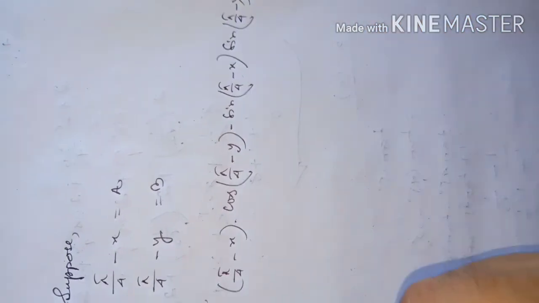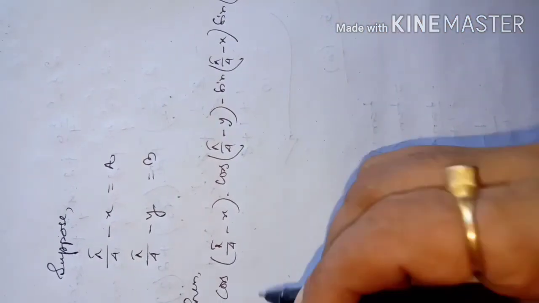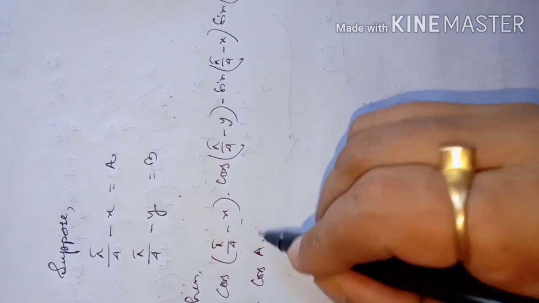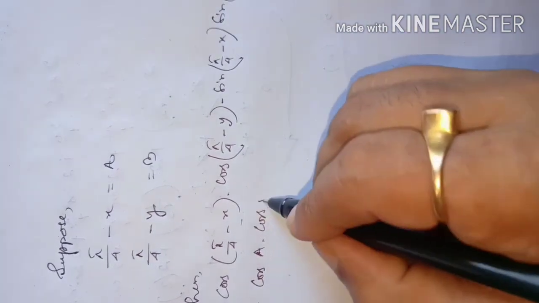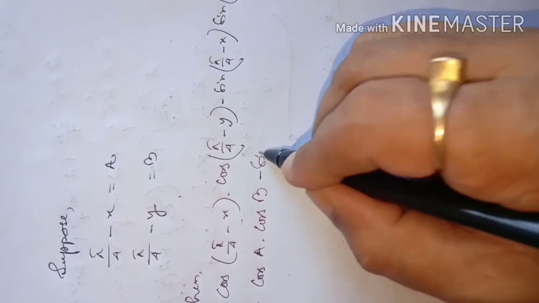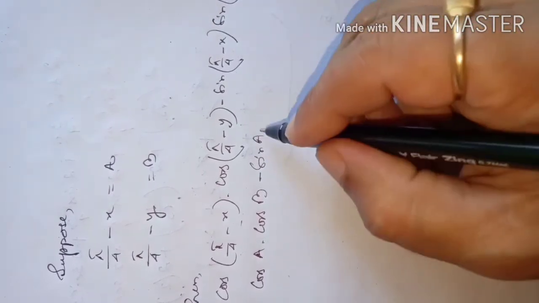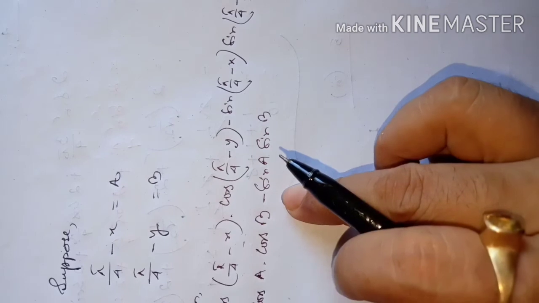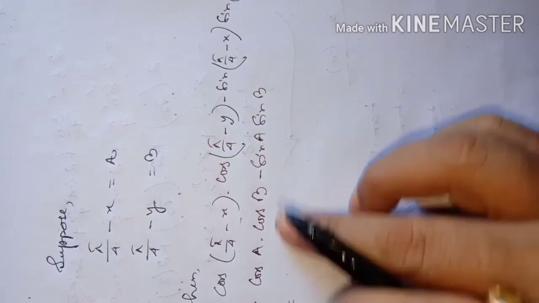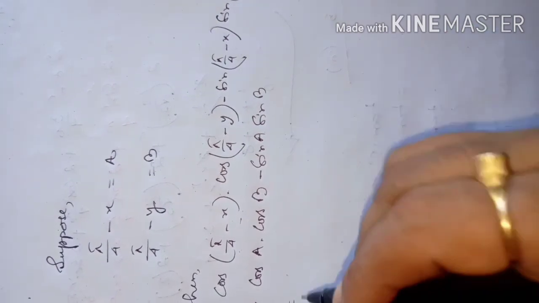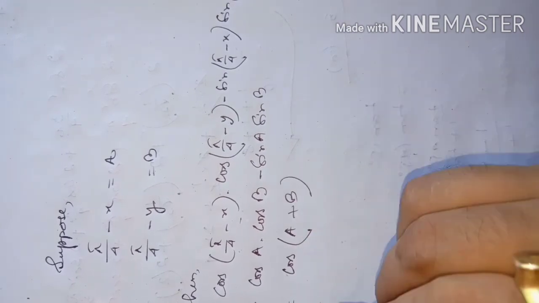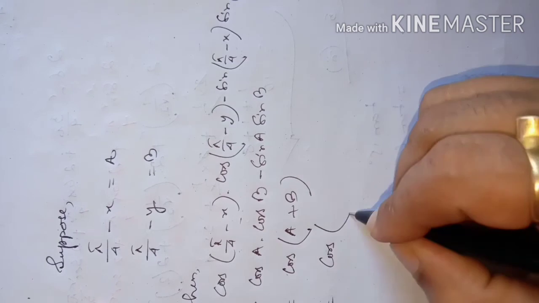So this whole expression will now be reduced to cos a cos b minus sine a sine b. Okay, so it appears to be our identity: cos a cos b minus sine a sine b is cos of a plus b. So then you can write it as cos of a plus b.